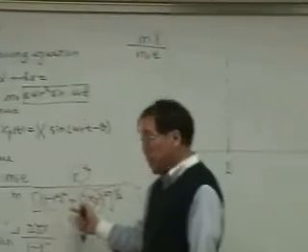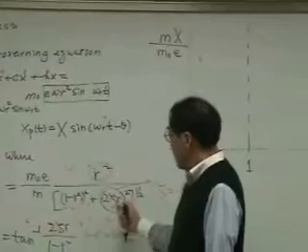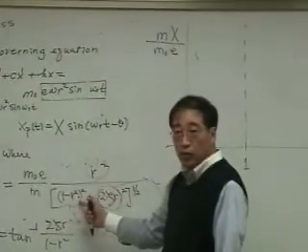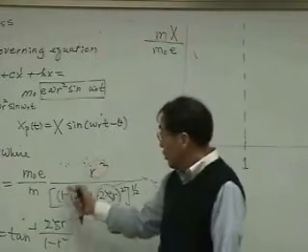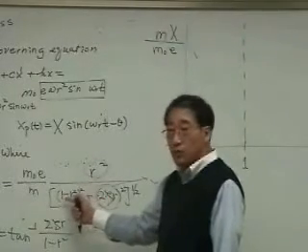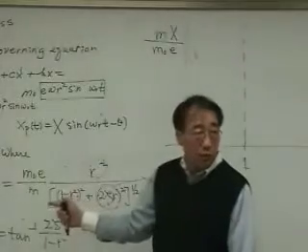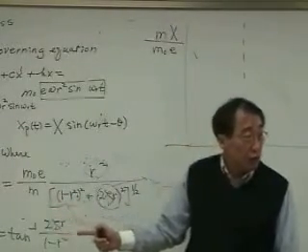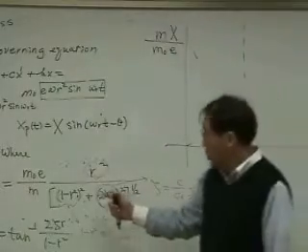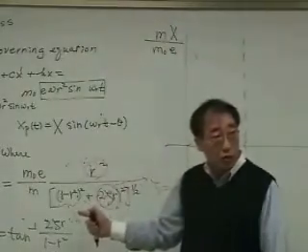When R gets bigger and bigger, the denominator is like R to the 4th. Because R is much, much greater than 1, therefore (1 minus R squared) squared is simply R to the 4th. The square root of this is R squared.